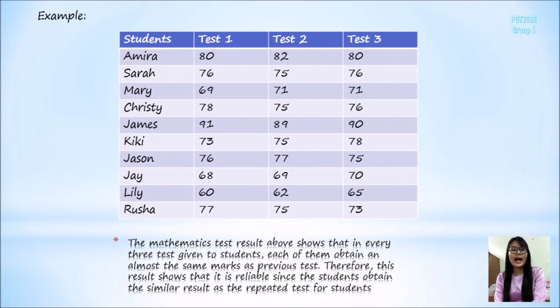I take Lily as an example. She gets 60, 62, and 65 marks for test 1, test 2, and test 3 respectively. So I can conclude that Lily gets a reliable test mark.